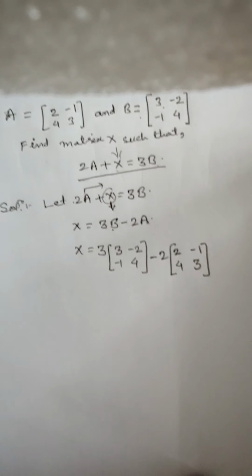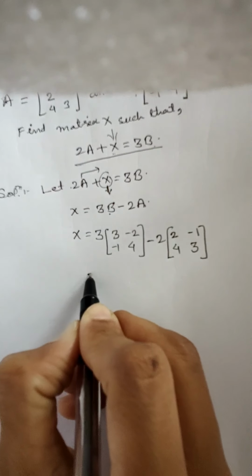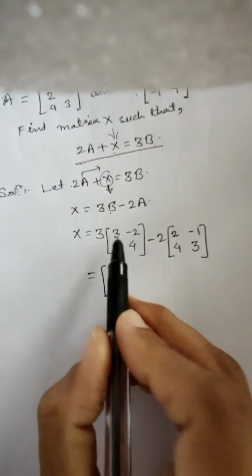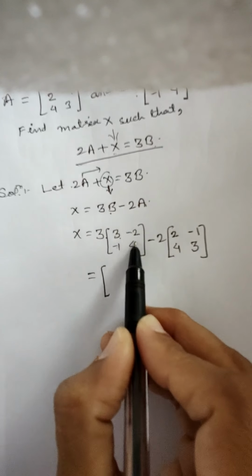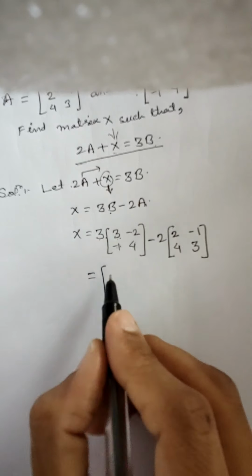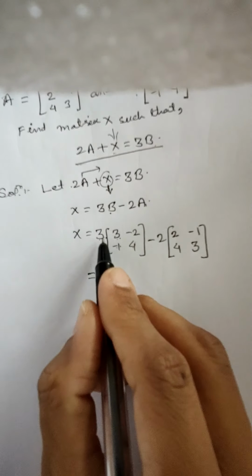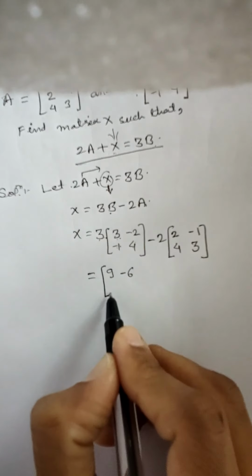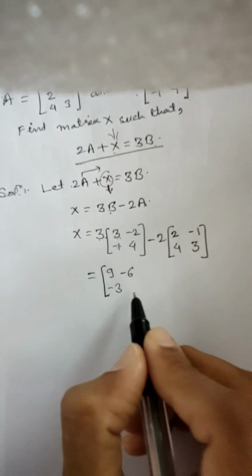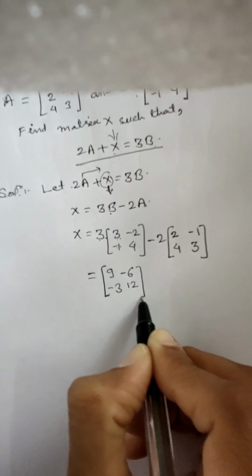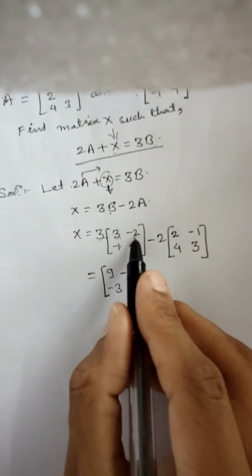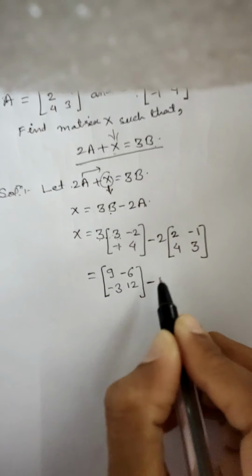Now just solve it. This is scalar multiplication, so you multiply each element with 3. 3 into 3 is 9, 3 into -2 is -6, 3 into -1 is -3, 3 into 4 is 12. Clear? We multiply each element with 3, minus sign as it is.